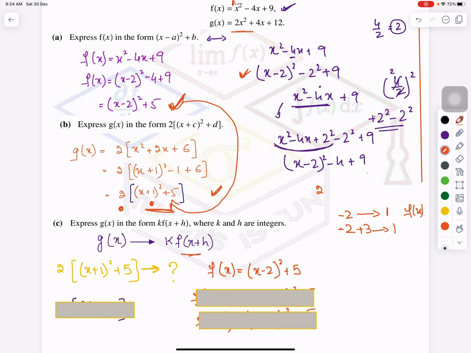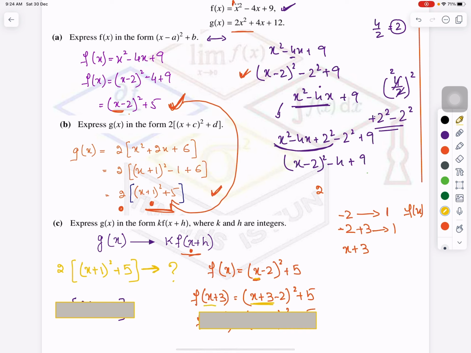Agreed. So instead of this x, if I write x plus 3, it will become x plus 1. Yes or no? Plus 3 minus 2 is 1.